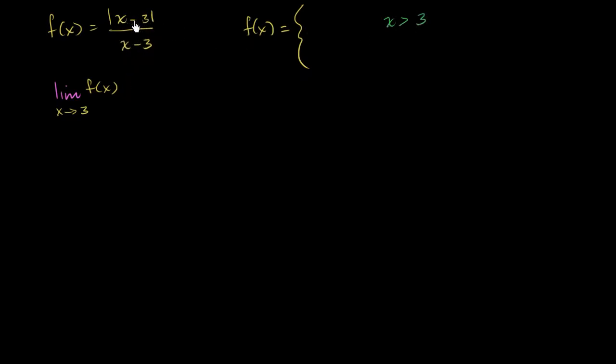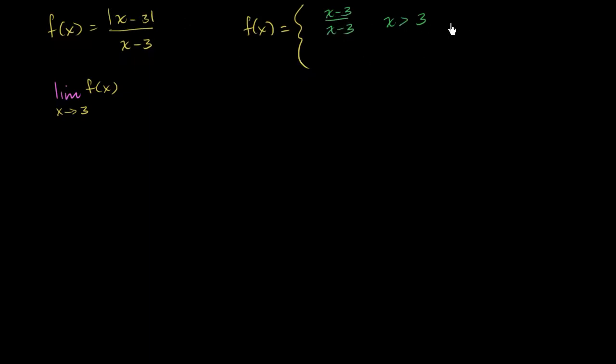Whatever I get up here, I'm going to get a positive value, and when I take the absolute value, it's going to be the exact same thing. So for x greater than 3, this is the exact same thing as x minus 3 over x minus 3, because the numerator is positive, and taking the absolute value doesn't change its value.